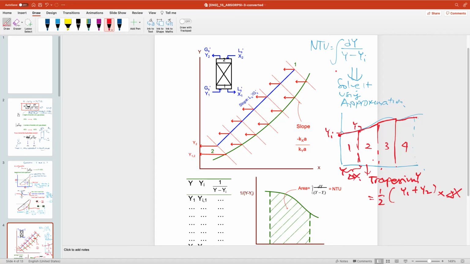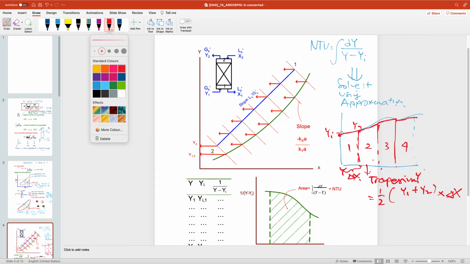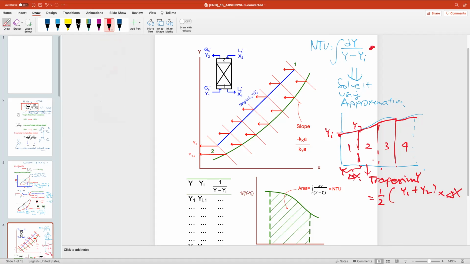Okay, so with that, we can also divide the calculation, the graph, using the Trapezium Rule. Because this one, we can also write as the integral of 1 over y minus yi dy. So this one is the function and this is dy.